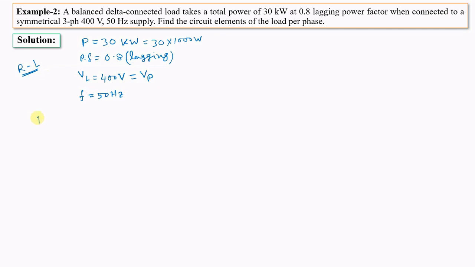So first of all, the power formula is root 3 VL IL cos phi, that we know. So the IL can be written as P upon root 3 VL into cos phi.